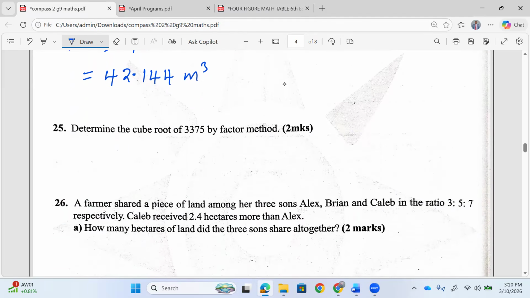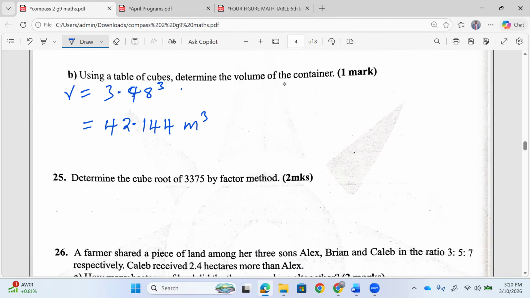Let's look at number 25. Determine the cube root of 3375 by the factor method. To use the factor method means we first factorize this number, 3375. To factorize means we start by identifying the least prime factor contained in this number, and that is 3.